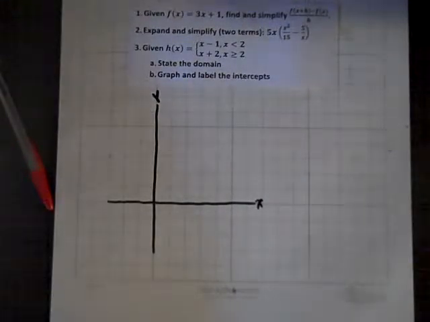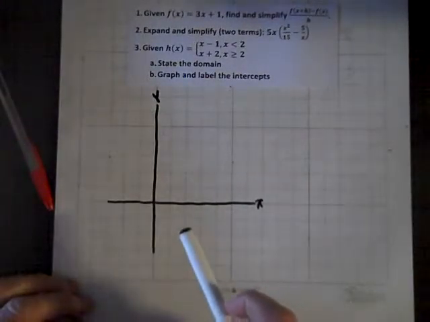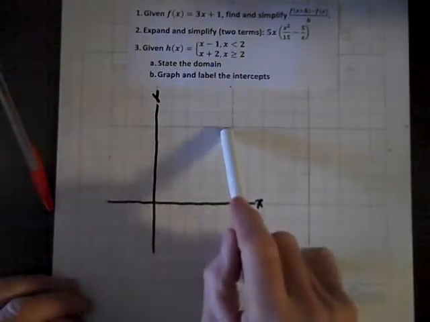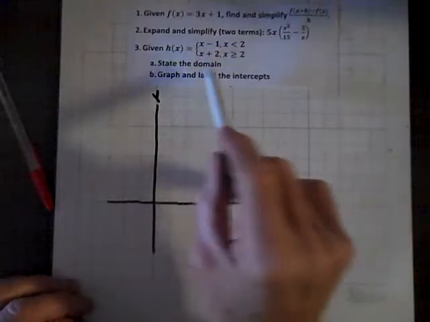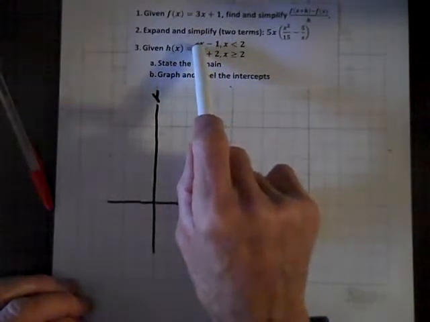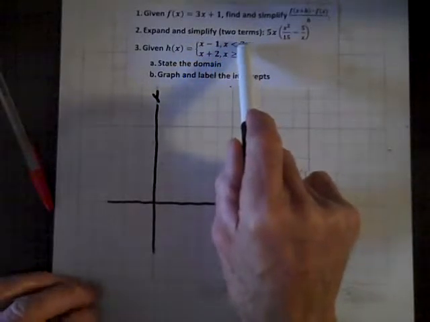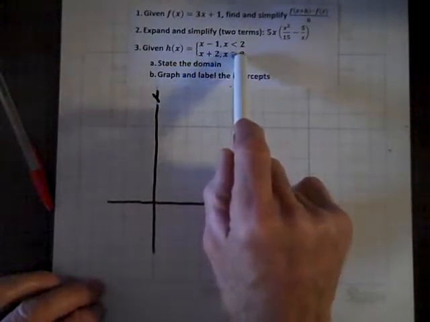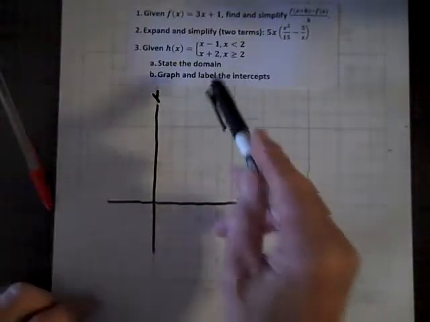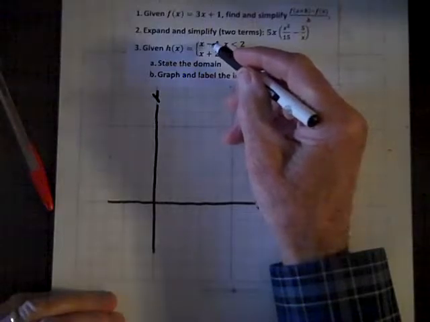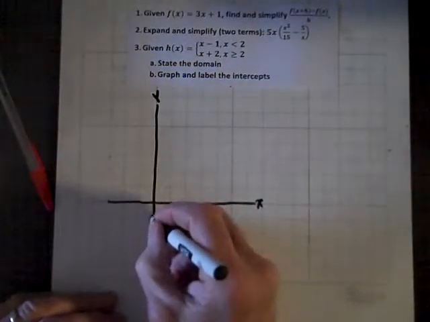Well, for the third question, we have to graph the piecewise function h of x equals, and it's defined by the expression x minus 1 when x is less than 2, or x plus 2 when x is greater than or equal to 2. So let's graph the first part, and the y-intercept is at negative 1.